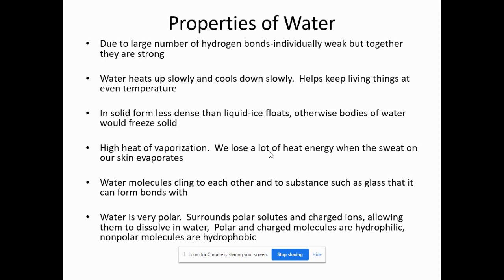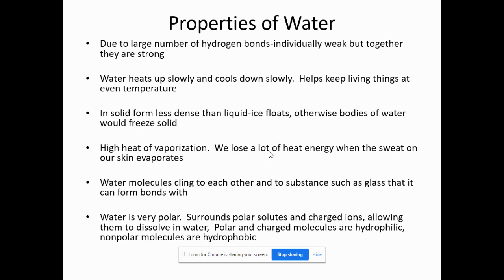Does salt dissolve in water? Yes, absolutely. You do it while you're cooking, and we have seawater to show that salt dissolves in water. So water makes an excellent solvent, dissolving polar molecules.